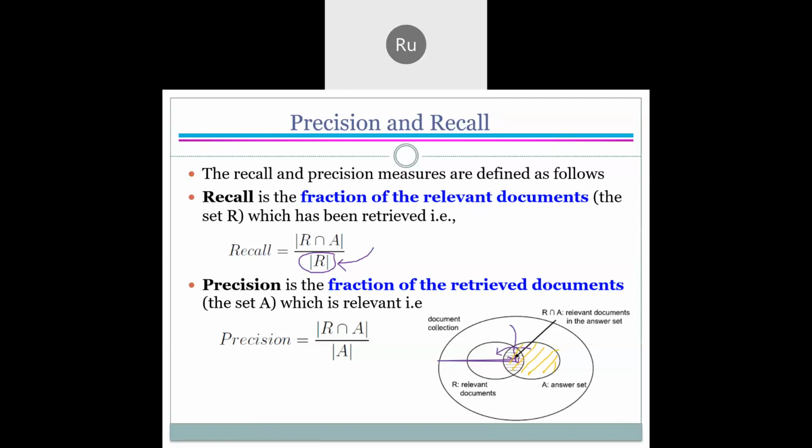We want to maximize the overlapping here, so we want to know how much area you cover with respect to the answer. That's why the divider here is the number of retrieved documents. Okay, so let's take a look at how we apply this calculation of recall and precision.